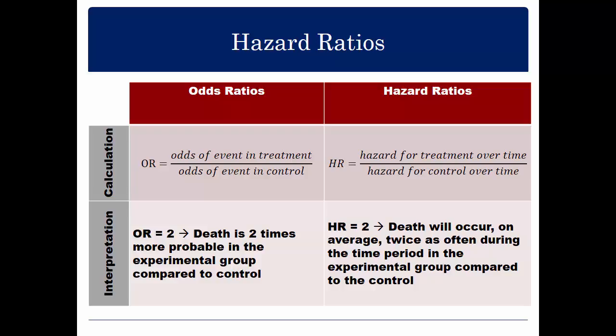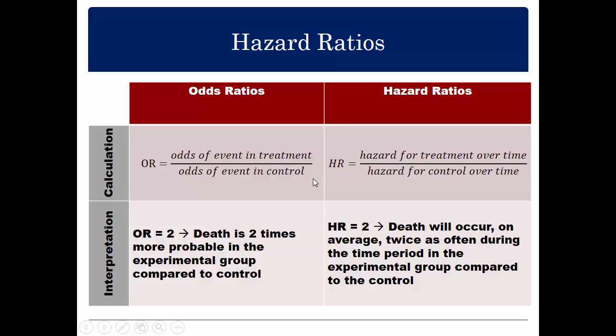And that risk is measured by the odds. So for an odds ratio, which is comparing the odds of, for instance, death in the treatment compared to the death in control, if I get an odds ratio of 2, the interpretation is that death is 2 times more probable in the experimental group compared to the control.